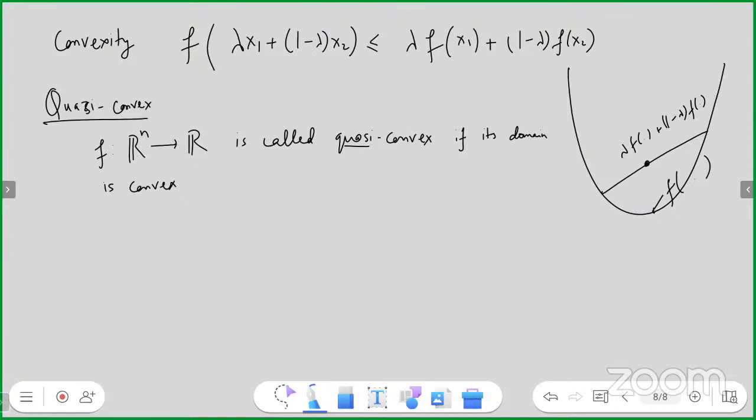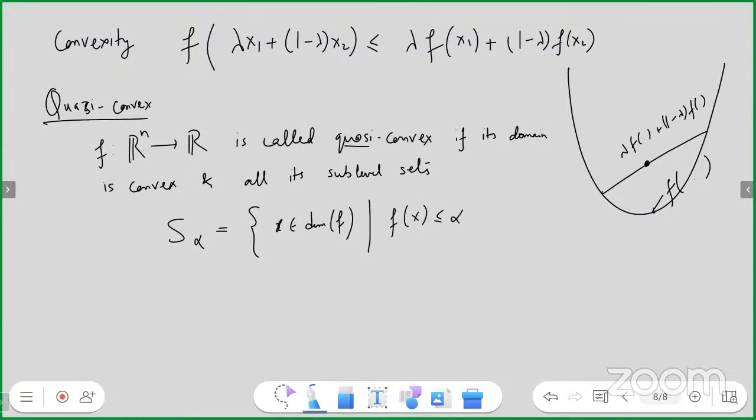The domain should be convex, and all its sub-level sets are convex. What are those? Somebody remember? What is the alpha sub-level set for a function? It is x belongs to domain of f where f of x is less than or equal to alpha. And all its sub-level sets are convex. That's my definition of a quasi-convex function.